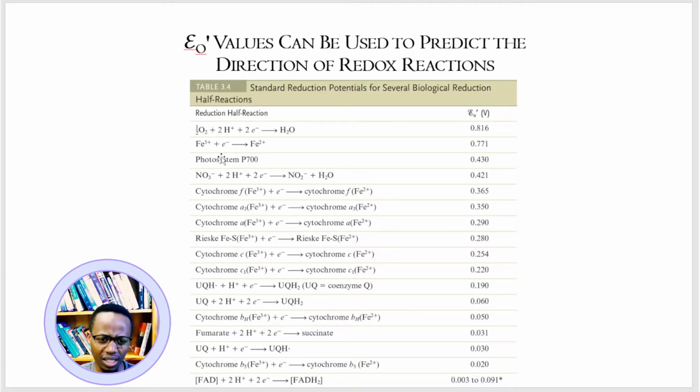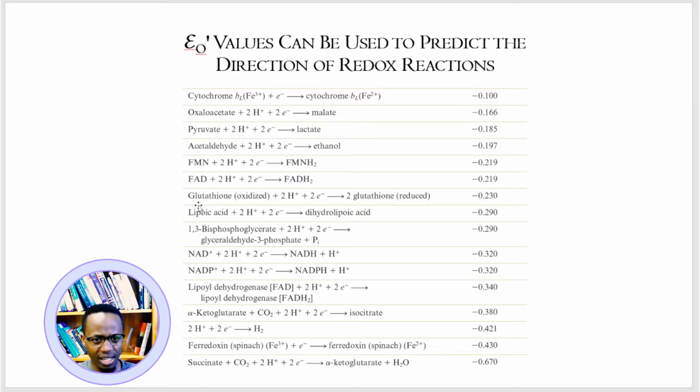And as you can see, you start to see some of these that are familiar, right? Like the FAD example, the pyruvate, the NAD plus. So these are redox reactions that make the cell pretty much function. And we'll talk more about some of these.